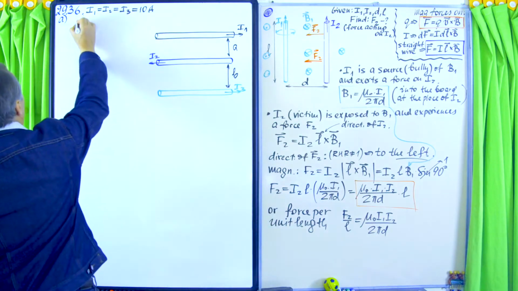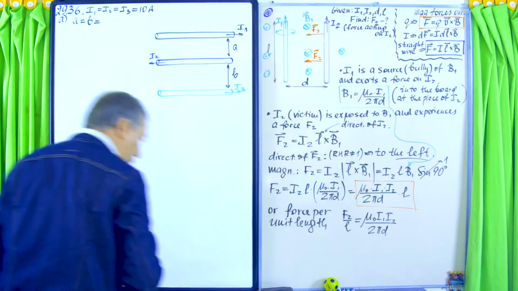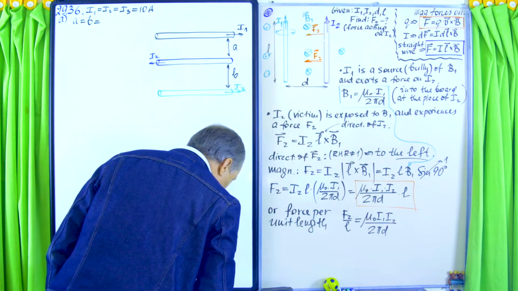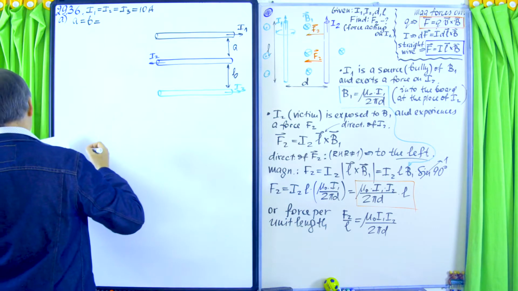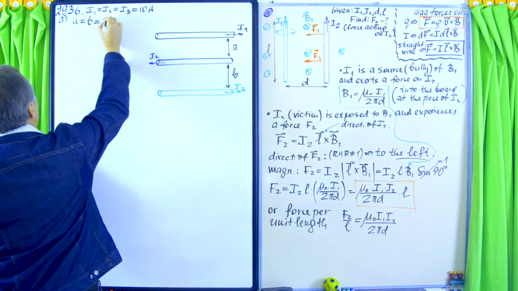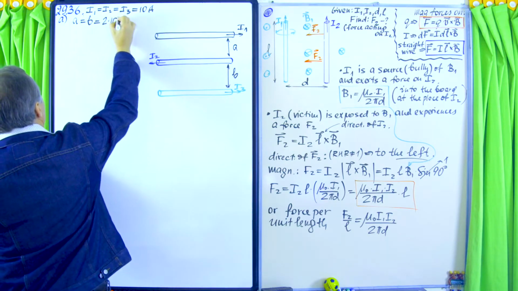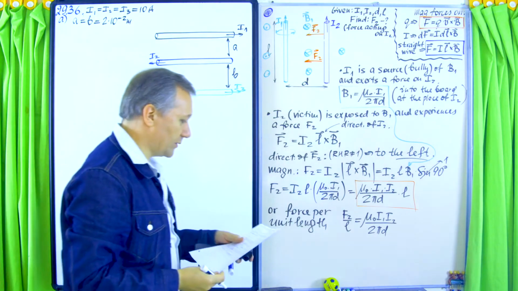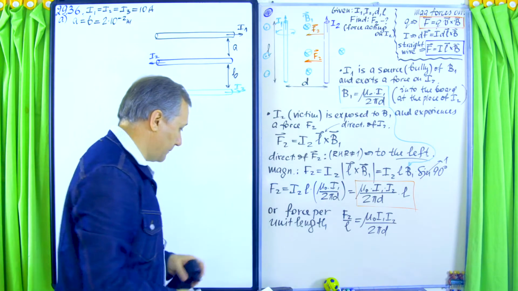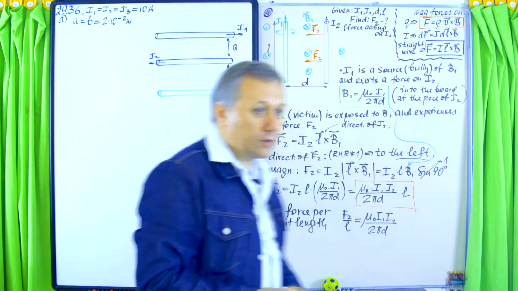So A equals B equals, what's the number? 2 centimeters. Sorry, 2 centimeters. 2 times 10 to the power of negative 2 meters. And so that's what is given.